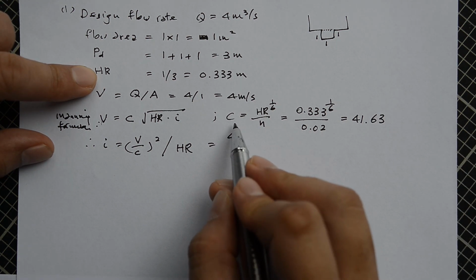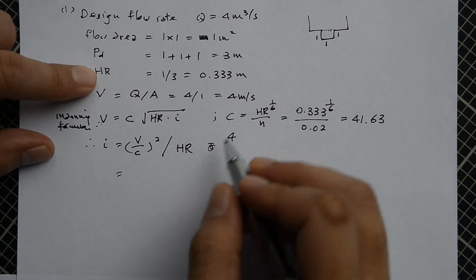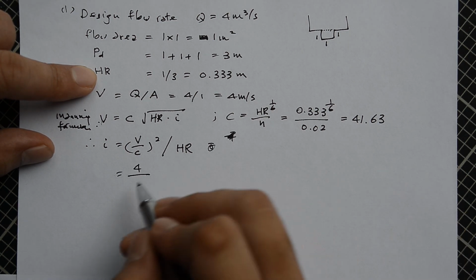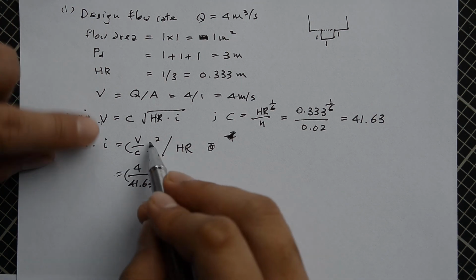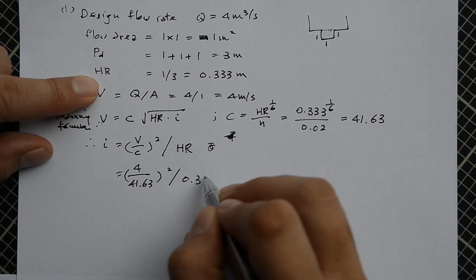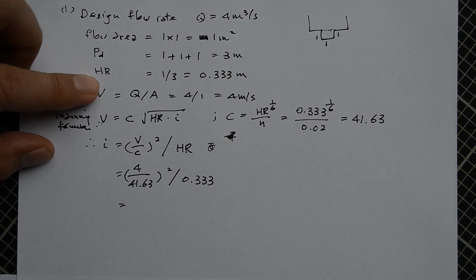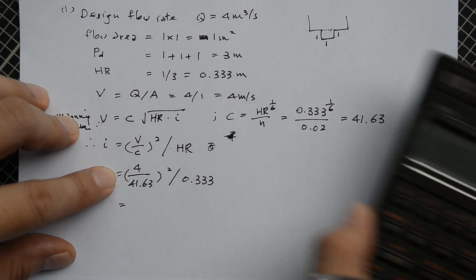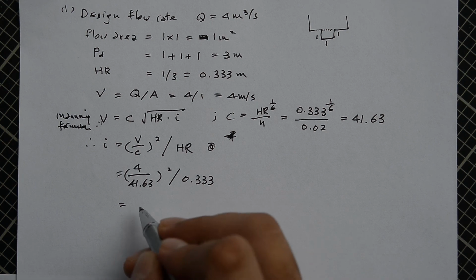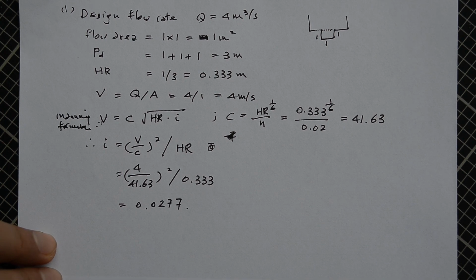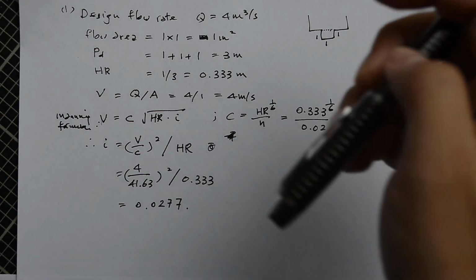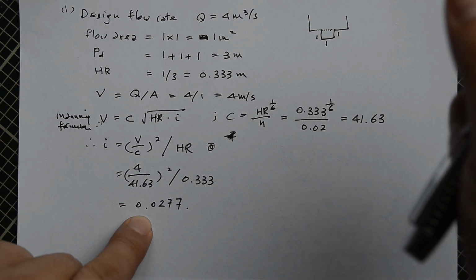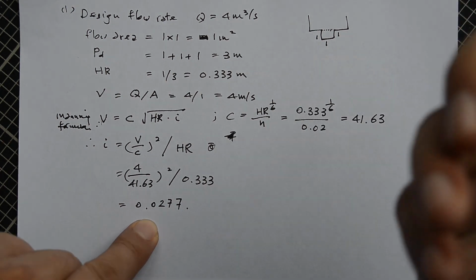Therefore, this part is 41.63 squared, divided by 0.333. The inclination is 0.0277. This means for each meter run, this sewer should drop by around 0.03 meter. This is the gradient.